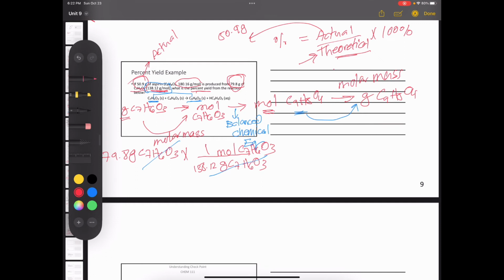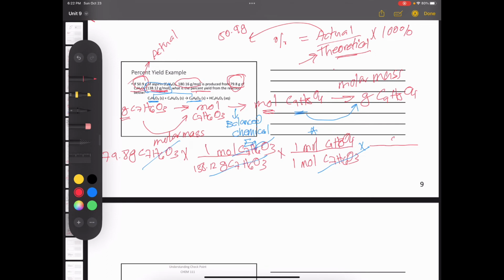Okay? So now that I converted to moles of salicylic acid, I can convert these moles into moles of aspirin. So for 1 mole of aspirin, the C9H8O4, 1 mole of salicylic acid, C7H6O3. Now moles of salicylic acid cancel out with moles of salicylic acid. I am left with moles of aspirin. So I'm almost there, but I need to convert these moles of aspirin into grams of aspirin, right? Because that's the unit that I'm seeking at the end.